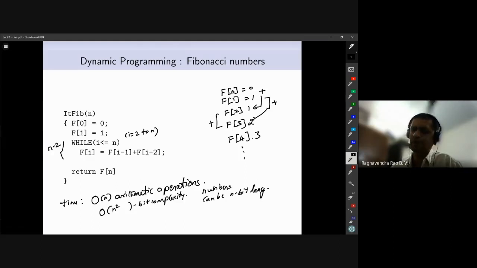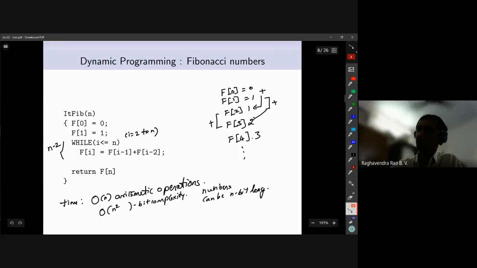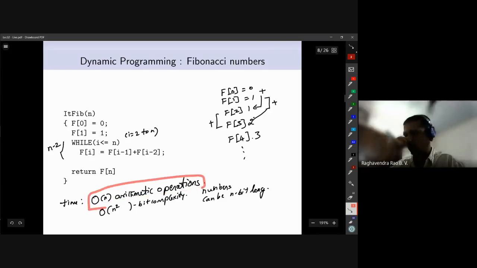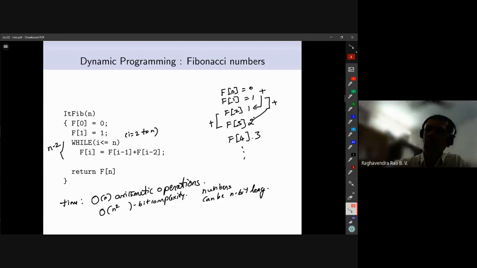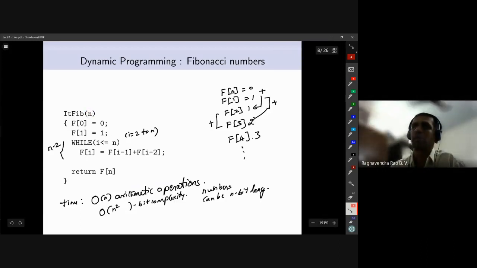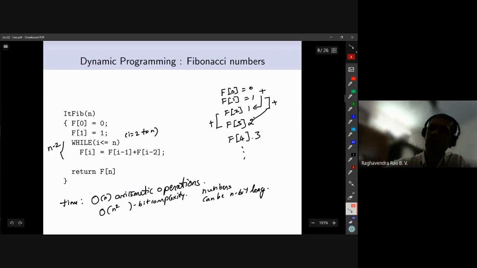One more thing before we go to the next problem. Even this is not efficient. We cannot consider this as efficient because it is not polynomial in the size of the input. You cannot really avoid the addition of n bit numbers. If you are interested in only the arithmetic operations, you can do much better. The problem here is n is a log n bit number if you represent n in binary. So a polynomial in n will be exponential in the actual input length.